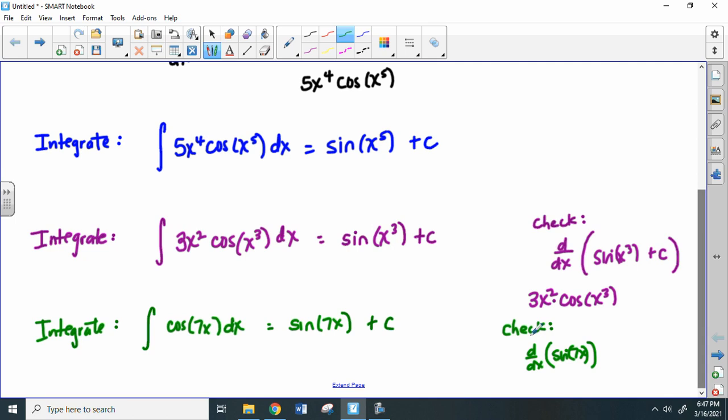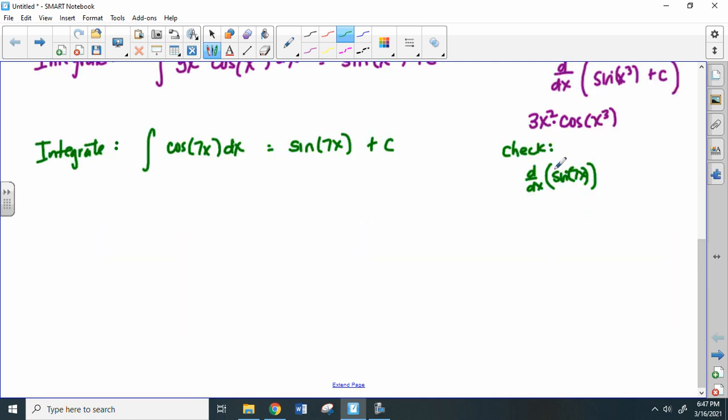Let's see what we get this time. The derivative of sine of 7x would be cosine of 7x, but I still need to apply the chain rule, which means I'm missing a 7, so I need to do a times 7. Technically, I should have integrated sine of 7x plus c, but taking the derivative, I get 7 times cosine of 7x.